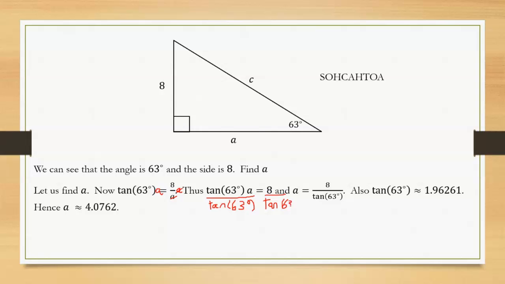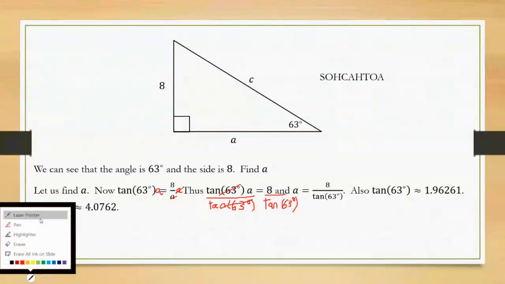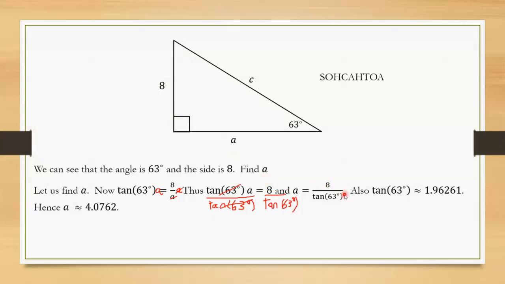Bear with me, almost there. There we go, now it's good. So we're dividing both sides by the tangent of 63 degrees. These are going to cancel. We're left with A equals 8 over tangent of 63 degrees. That's what we're left with.